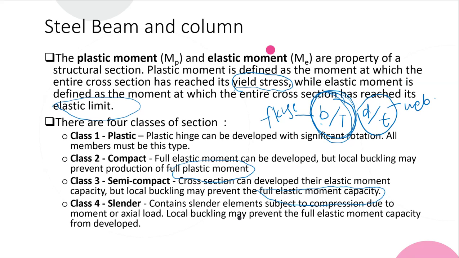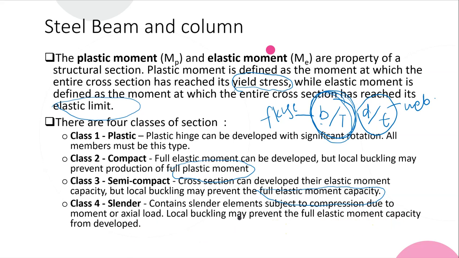Okay, so maksudnya the moment that maybe the structure can resist will not as much as full plastic moment lah. Okay, and then slender contains elements subject to compression due to moment or axial load. Local buckling may prevent the full elastic moment capacity from developing.